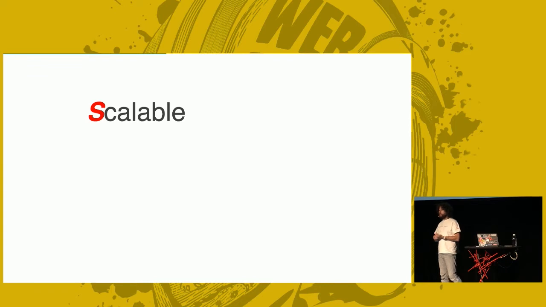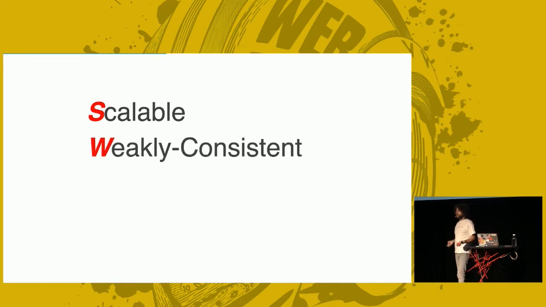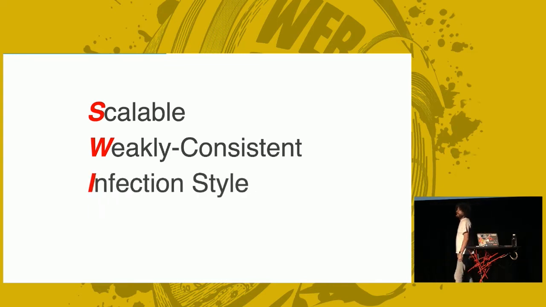So what we need is a system, an algorithm, that is very scalable, that can detect failures very quickly over thousands of nodes. Okay, because, well, hey, it's a cloud, so thousands of nodes. We want it to be weakly consistent, because if it's strongly consistent, in case of a failure, everything goes down. So, hey, not exactly what I was building this for. So weakly consistent. I want it to be infection style.